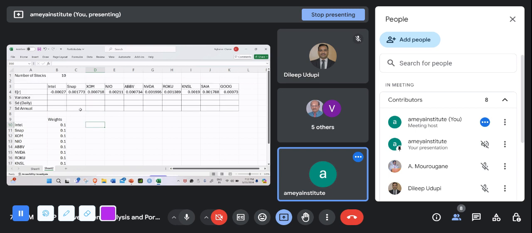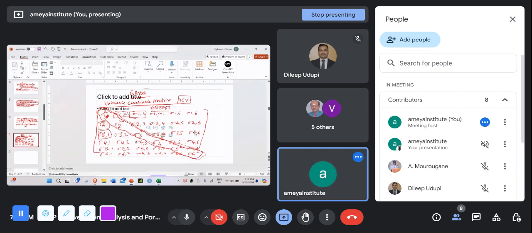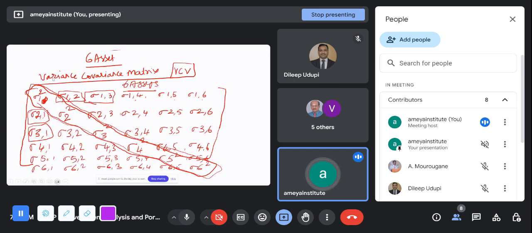Now we'll use this concept. This is called the variance covariance matrix. Now what is the variance covariance matrix? We have 10 assets. Remember, this formula was done for 6 assets.